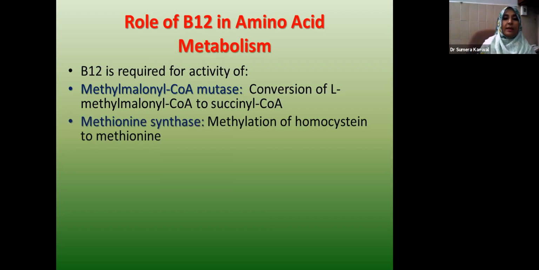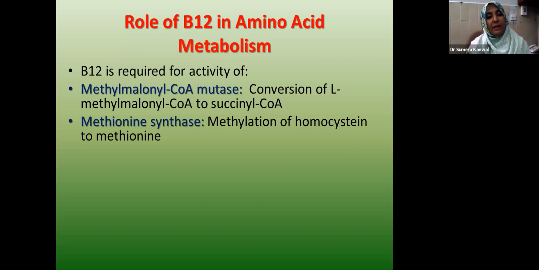This cobalamin B12 is also required for the activity of the enzyme methionine synthase, which is involved in the synthesis of methionine from homocysteine. When homocysteine becomes methylated, the donor of the methyl group is B12 and B9 tetrahydrofolate.